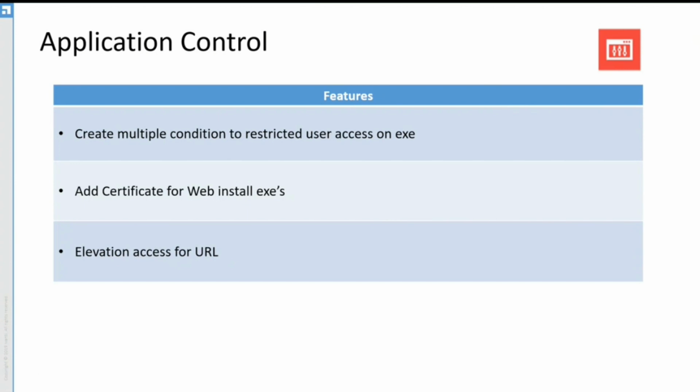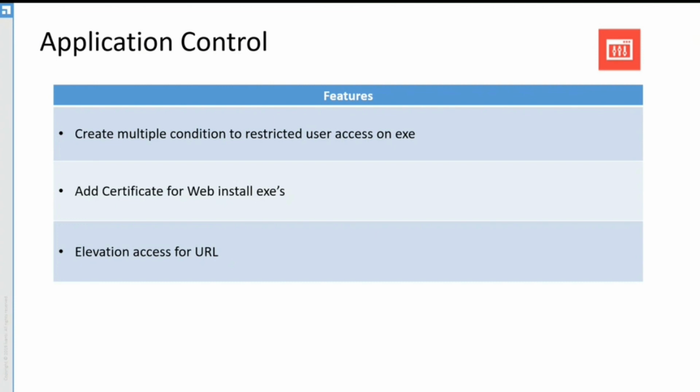There will be a few sets of users who will be using it. So if you are deploying that particular software on every machine, but you want only specific people to use it, in that scenario we will go into application control, block the exe for all the users, and then give access only to a particular set of users. We can create an AD group for that.